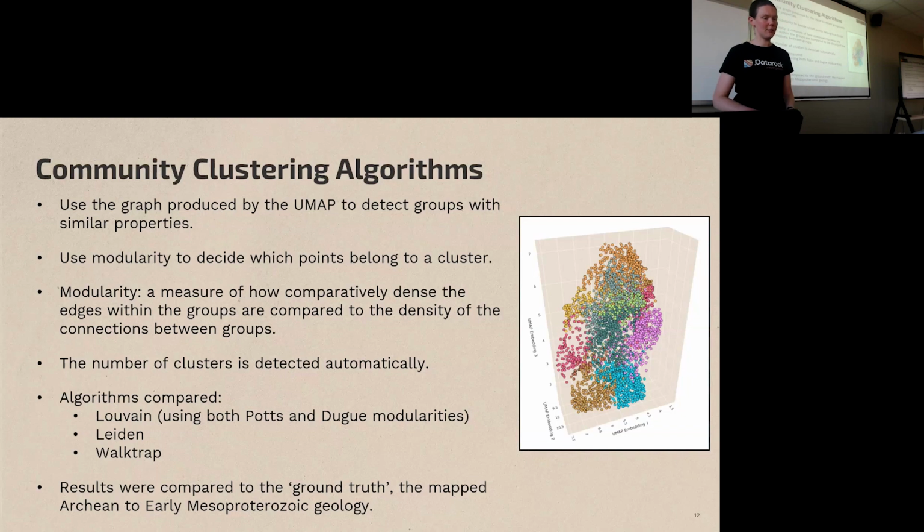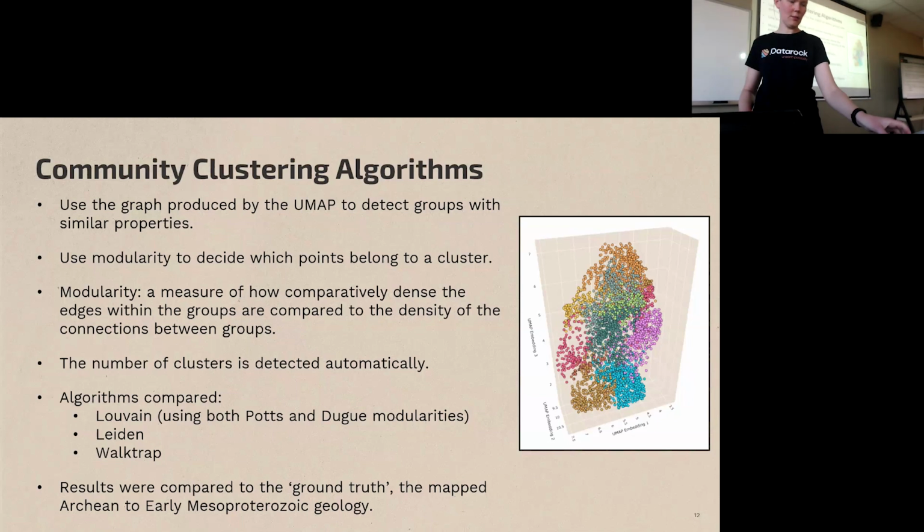Because this was such a well-known geology, it can be used as a ground truth to assess the amount of geologically related features that could be isolated and identified by these clustering techniques, and to see which methods produce better results. The figure on the right just shows a 3D clustering example of our data. As I said, it's not our final clustering result, but those colors are from one of the clustering algorithms.